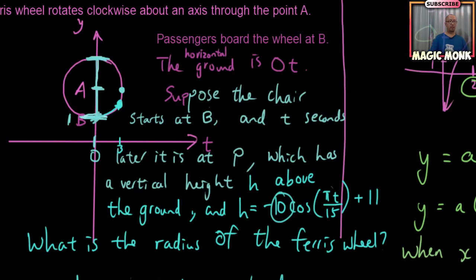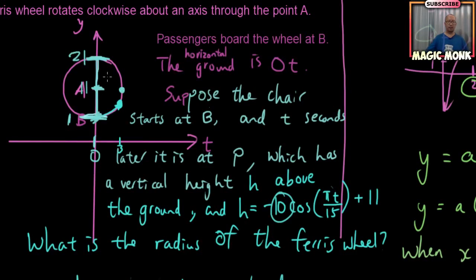So we want 1 and we want 21. And then this point is 11. That's the center of the circle. That's probably enough anyway, isn't it?